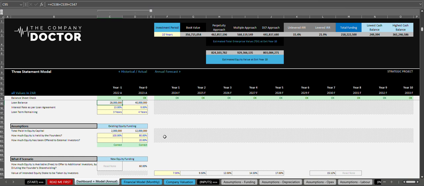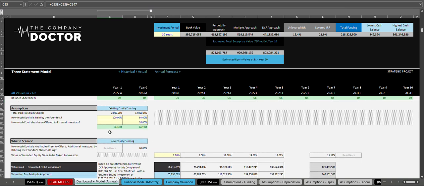Moving on to equity, once again, you may be in a position where you've already allowed for equity funding, and here we've split it between the equity that funders hold versus the equity that's already been relinquished to external partners in addition to the funders or the owners of the business, and which will bring you to the what if scenario of, if you had to take on new equity at this stage, how much equity is available.